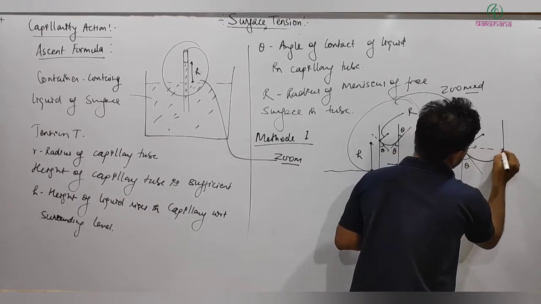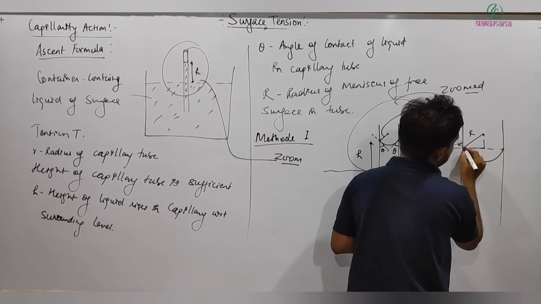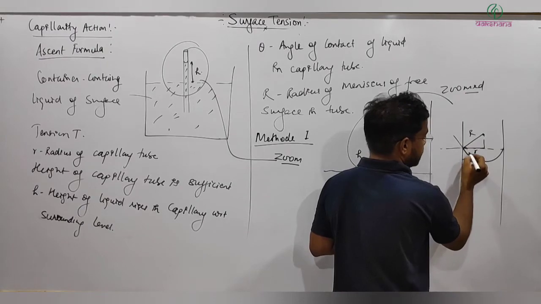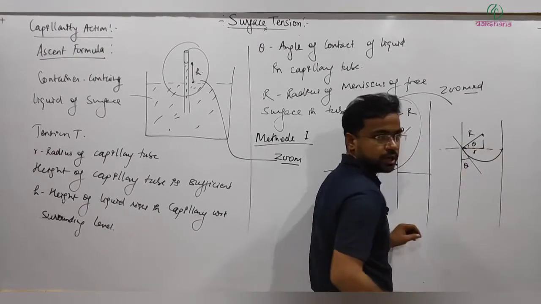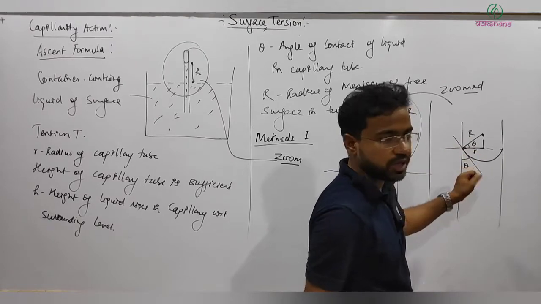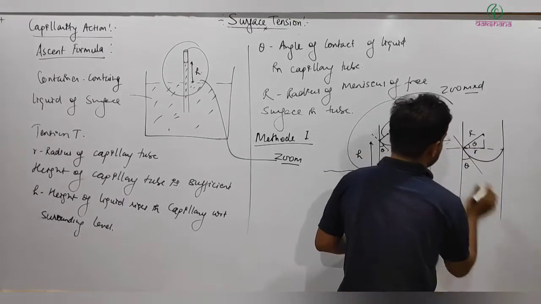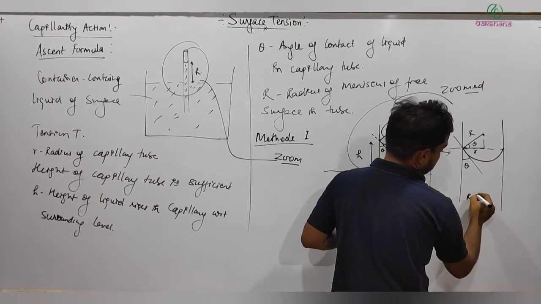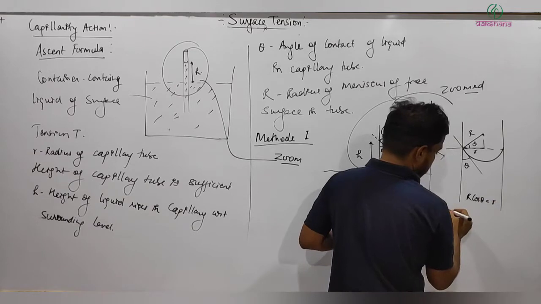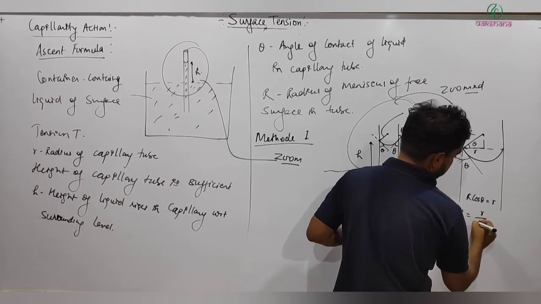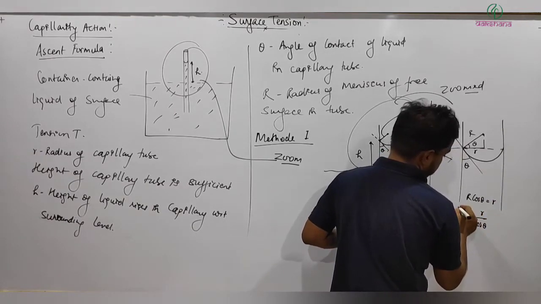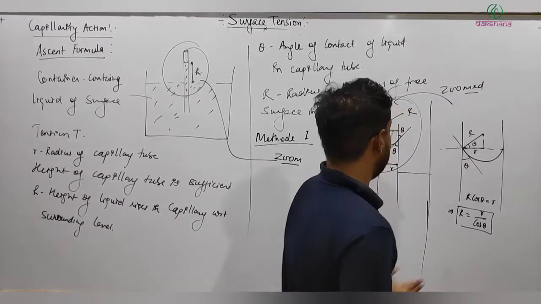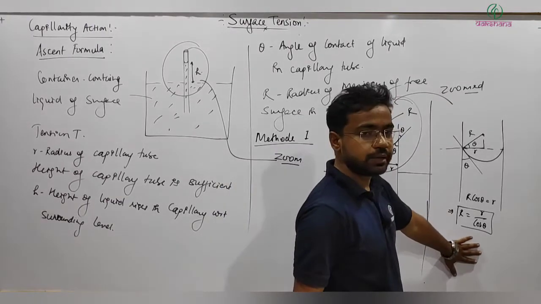This will be the small radius, and definitely this will be 90 degrees. This is theta, this is 90 minus theta, and this will also be theta. So the relation between capital R and small r, I can write from here: capital R cos theta is equal to small r. That means capital R is equal to small r by cos theta. So this is one thing we got.